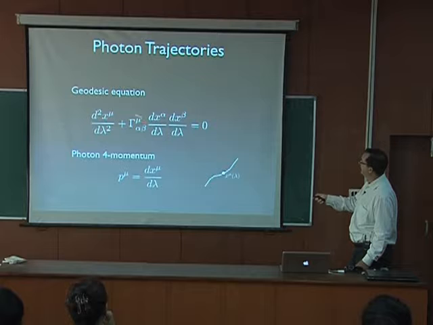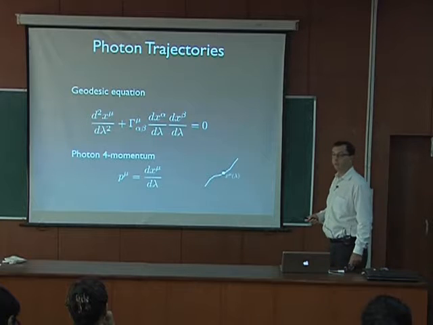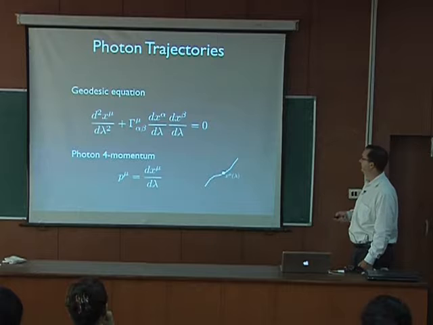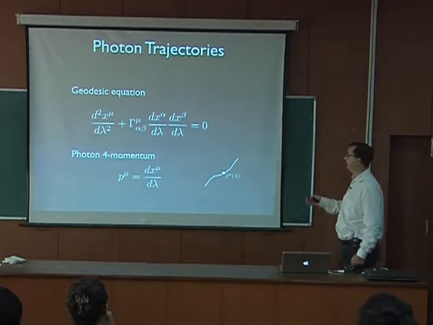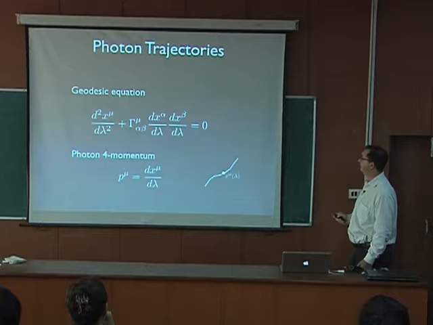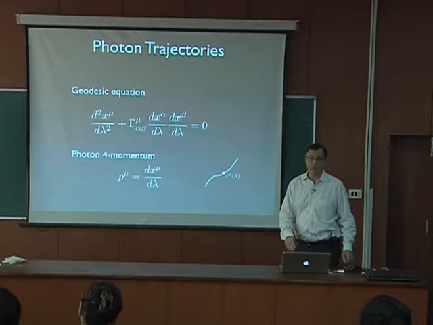And it involves also this symbol called the Christoffel symbol, which can be computed from the metric, as Anjan was saying, I think yesterday or the day before. So this is basically a differential equation for the trajectory of the photons, and given a space-time with a given metric, we can compute the Christoffel symbol and solve this equation, and generally get a solution for the trajectory of the photon.